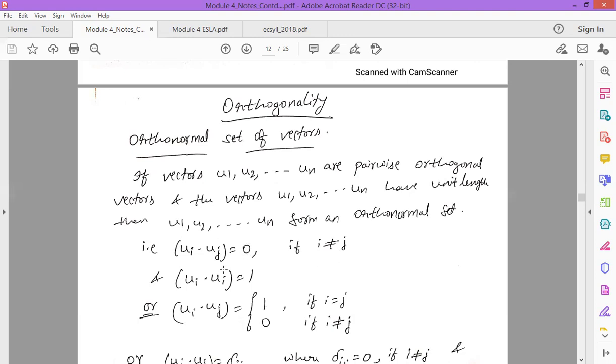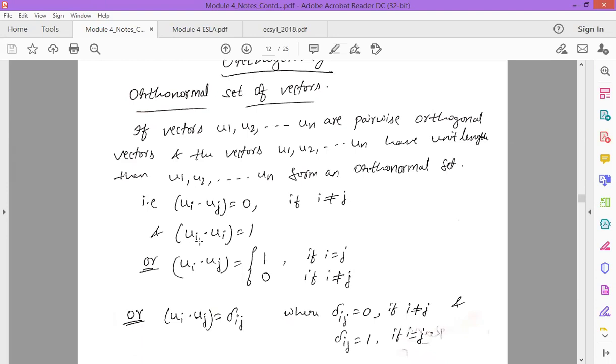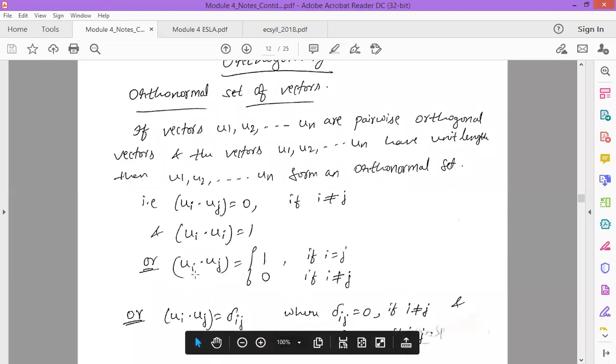If the dot product of two vectors is 0, it indicates that these two vectors are orthogonal pairs. Similarly, if you take the dot product of the same vector, ui dot ui, it results in 1. In other words, ui dot uj results in 1 if i is equal to j, and 0 if i is not equal to j.